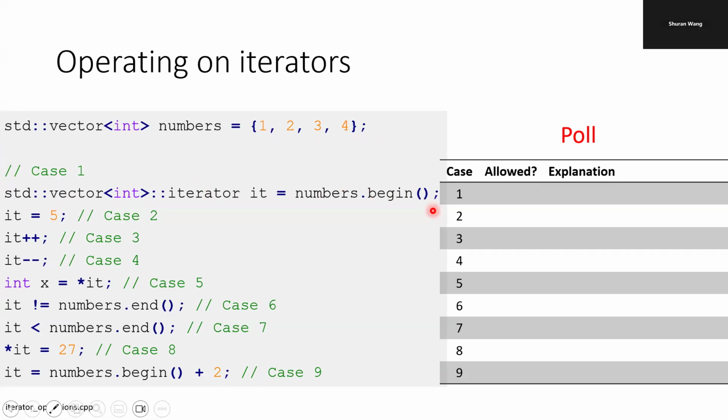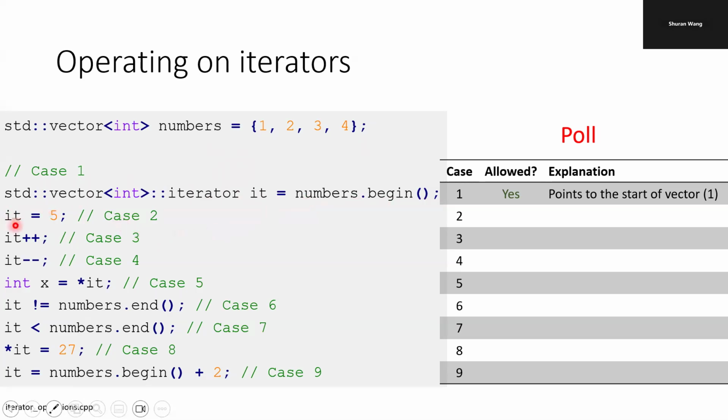Show of hands, who thinks this is allowed? Who thinks this isn't allowed? That's one. Okay. This is allowed because we are defining an iterator type that points to the start of the vector.